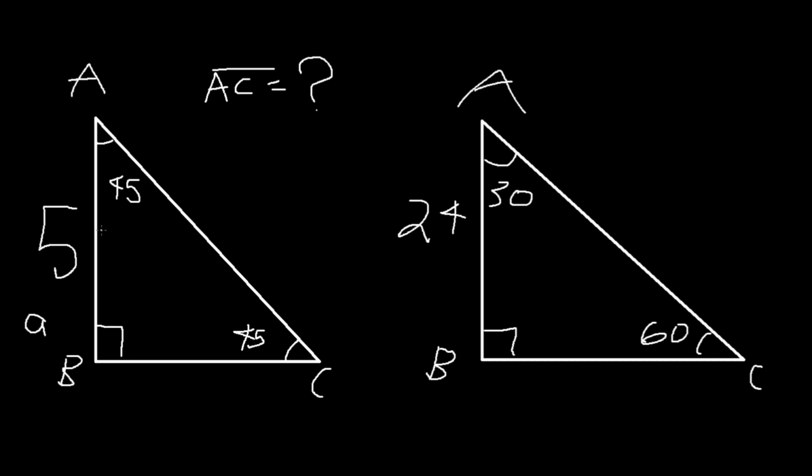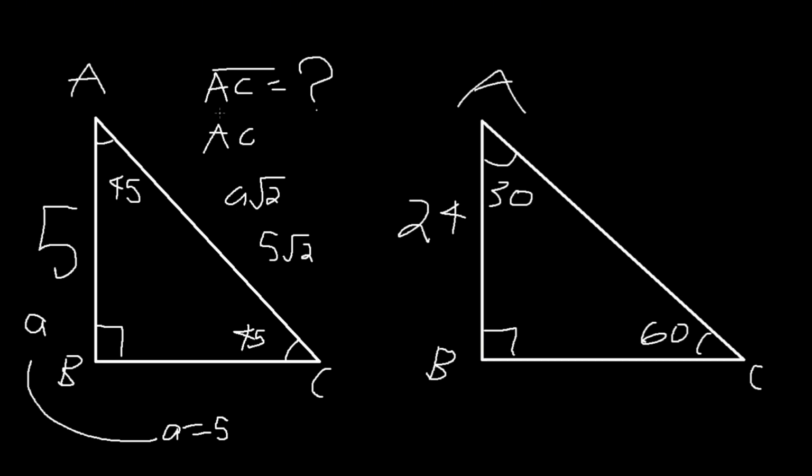Based on the ratio, it is also equal to a. So we can come to the conclusion that a is equal to 5. Now we know that side AC's ratio is a radical 2. So logically, we can plug our 5 in, so we get 5 radical 2. Side AC is equal to 5 radical 2.